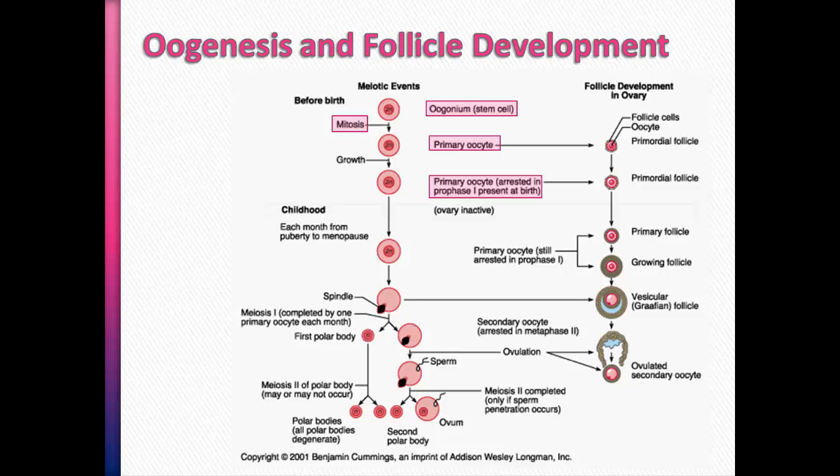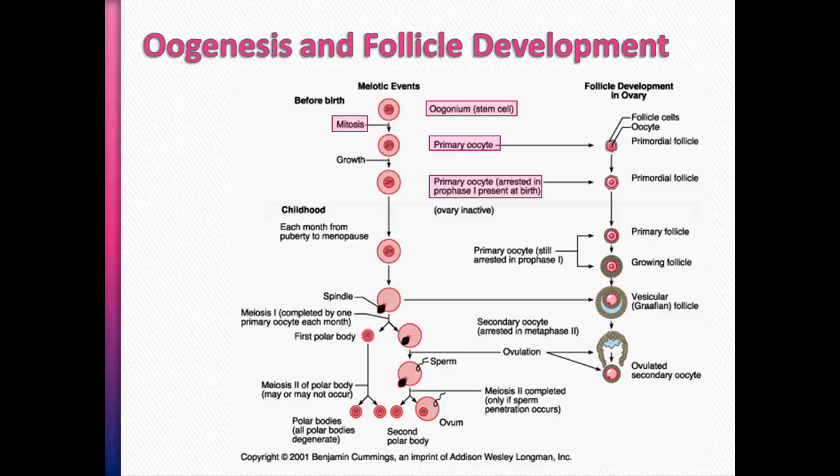Once you start puberty, every month, a few of those primary oocytes or the primordial follicles will develop. Now, by the time you hit puberty, you've got about 300,000 oocytes left. What happens first, of course, the primordial follicle develops into a primary follicle.